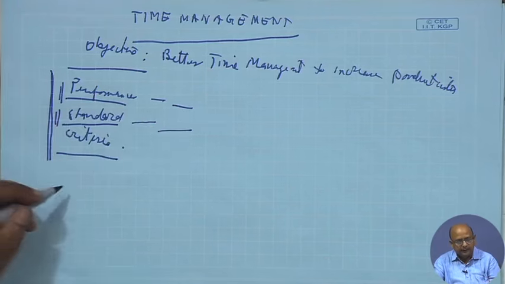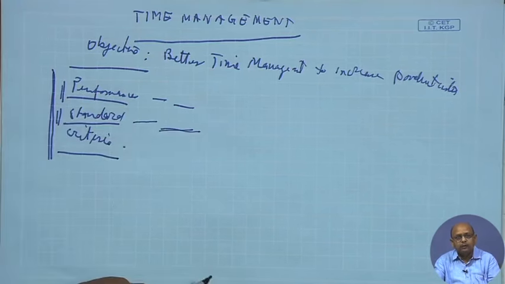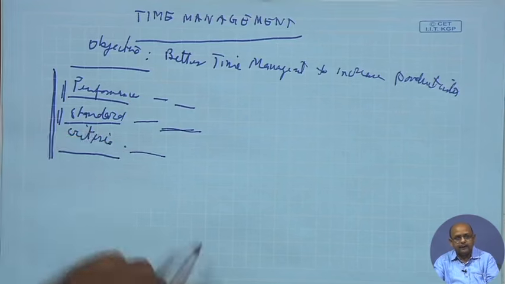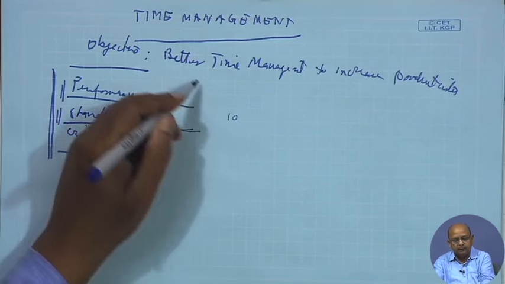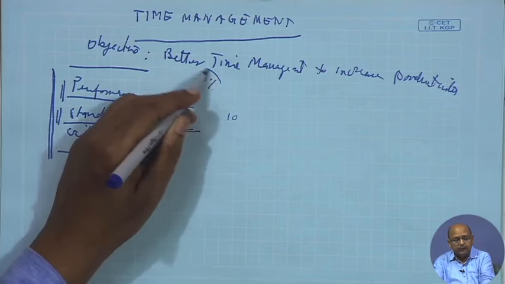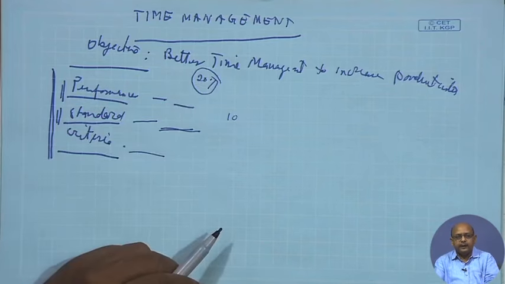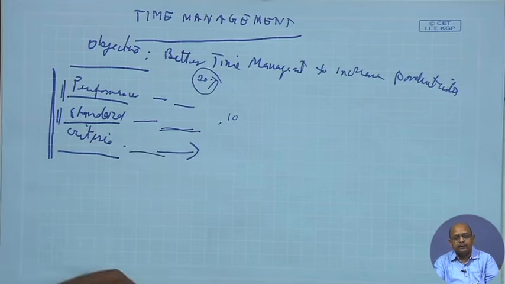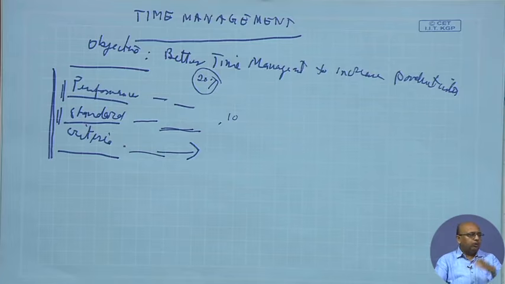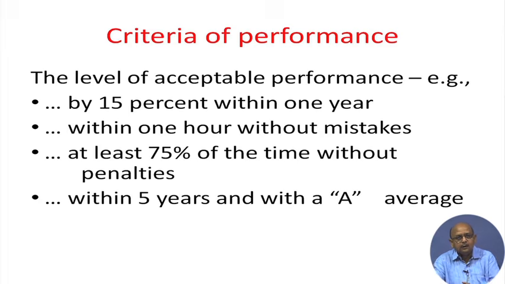You need to identify the standard and conditions under which you are going to do it, and also the criteria. Suppose you say that your productivity is going to increase by 10%, are you able to save 20% of time? It means that you have 20% more time. That is the standard, and then you evaluate against this criteria to see whether you are able to achieve this performance level or not. So, when we talk about criteria of performance, you are going to be identifying an objective which is going to be very, very specific.